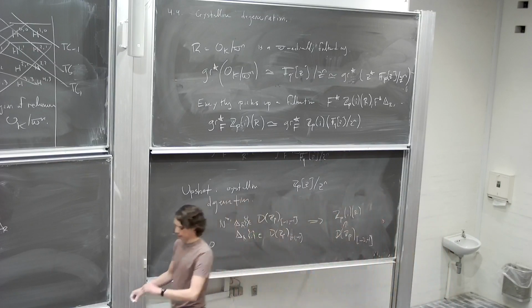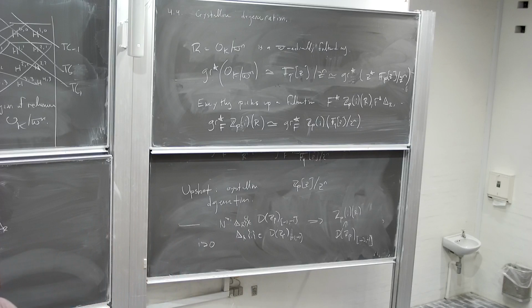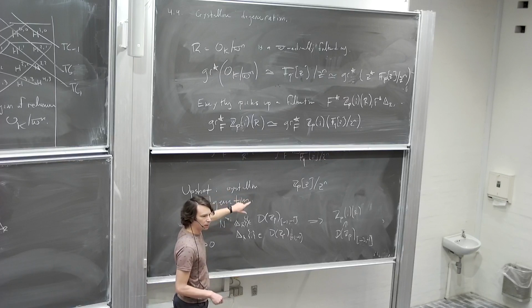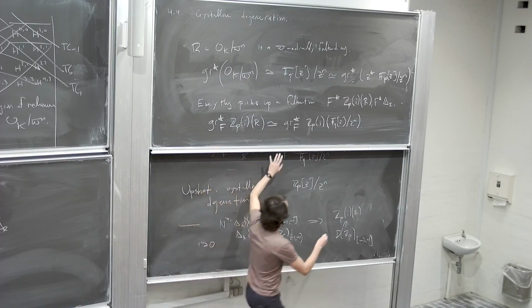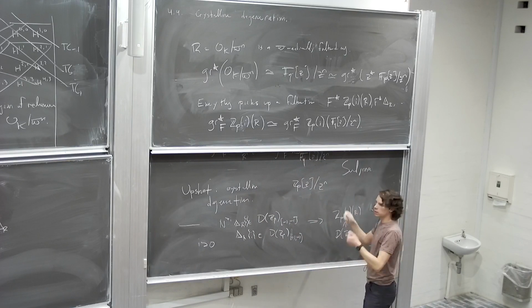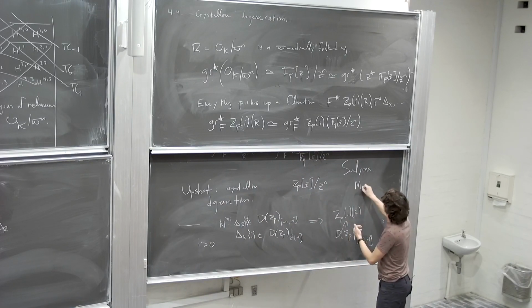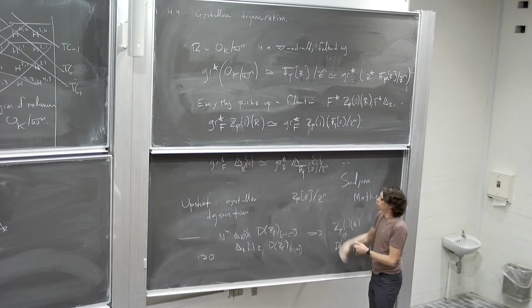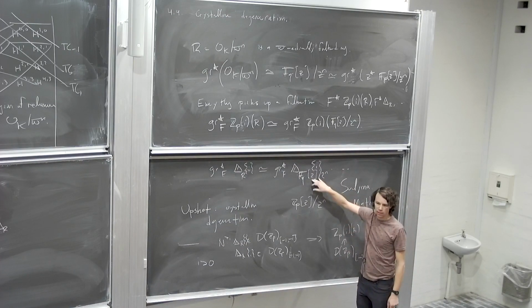Okay, I think just for purposes of time, I won't say more about that, but this is a simple argument that you use using this crystalline degeneration method, and you just check it for here. And so let me give a reference. Yuri Sulyma has a great article where he just sits down and expands on an idea of Akhil Mathew to just compute everything in sight in this case.